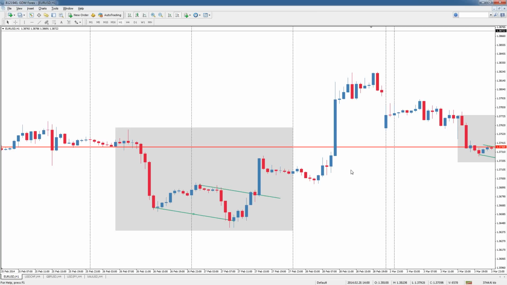It's quite simply put, when we see a candle opening below the green line and closing above it, like we see in this case. Let me highlight it for you.